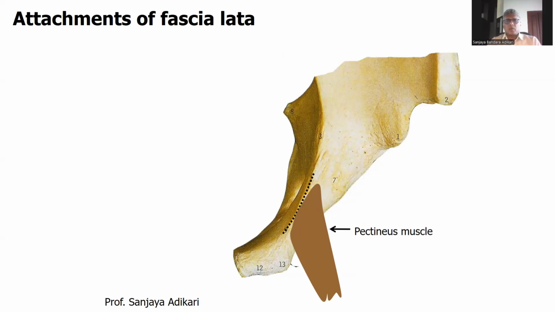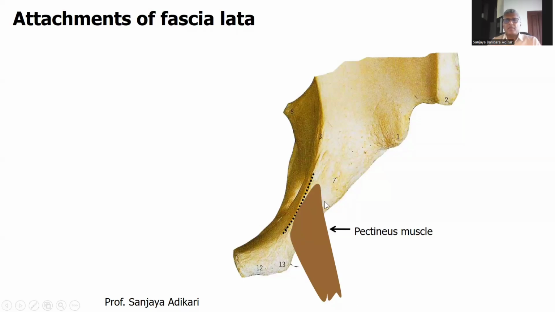Now, a few additional things about the attachment of the layers of fascia lata. Two layers are only there where it overlaps. Otherwise, there's one layer. Okay. Now, if you take the hip bone or the pelvis here, this black dotted line is the pectineal line.